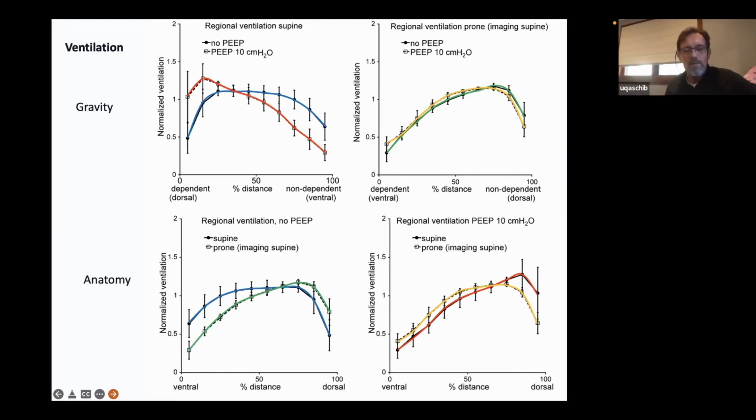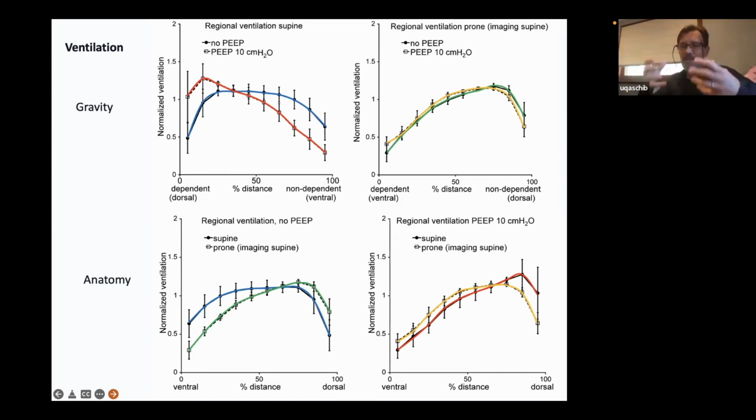So in normal physiology, perfusion is not that gravity dependent, whereas ventilation can be manipulated with gravity. In the dependent lung, there is better ventilation than in the non-dependent.